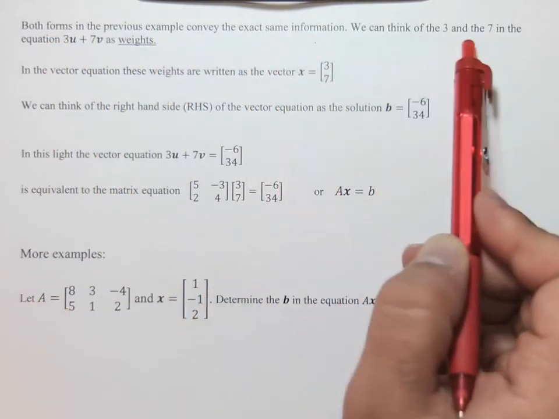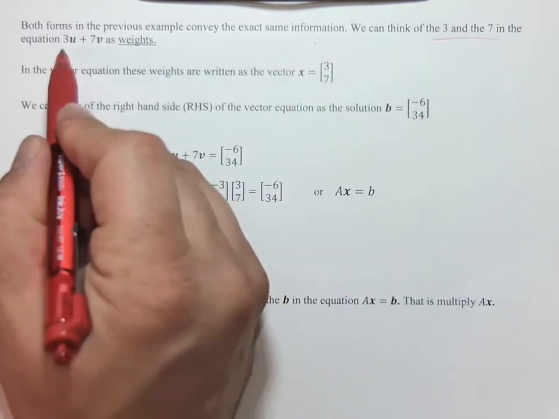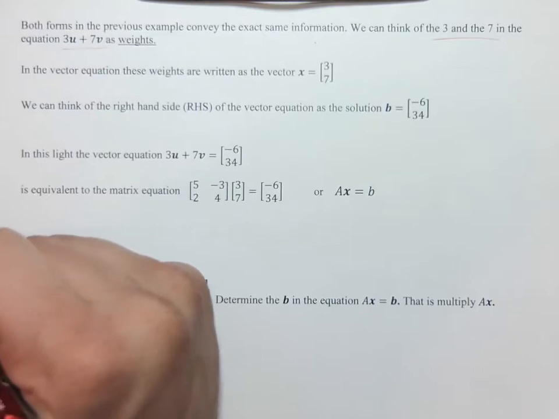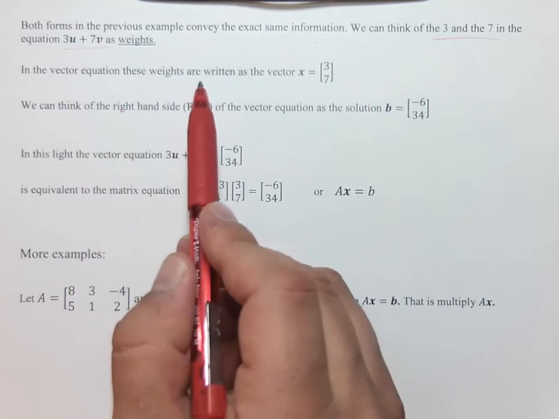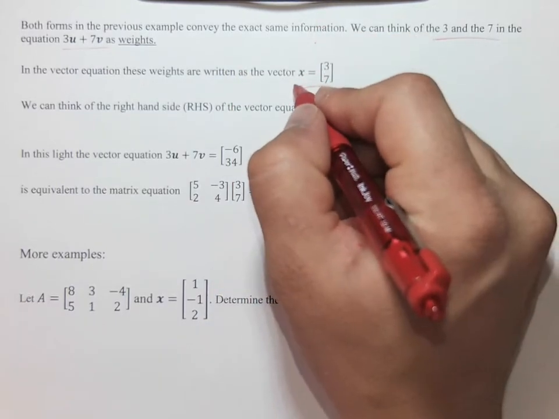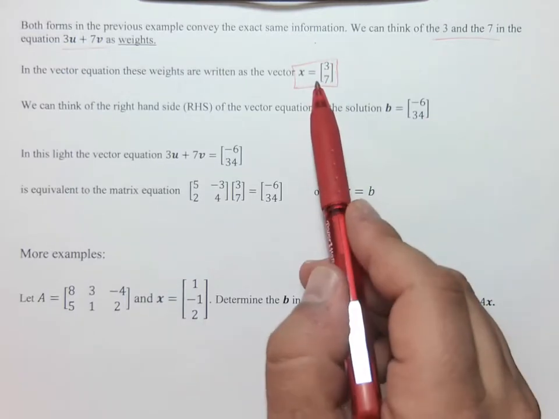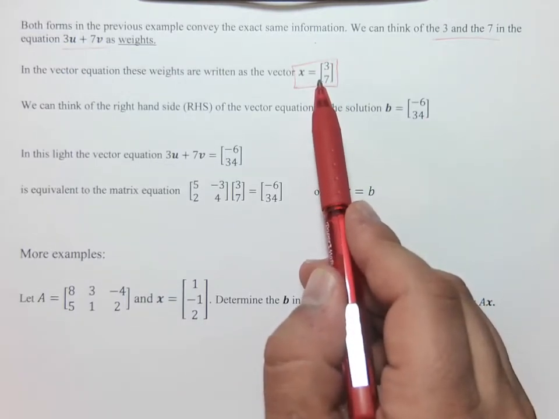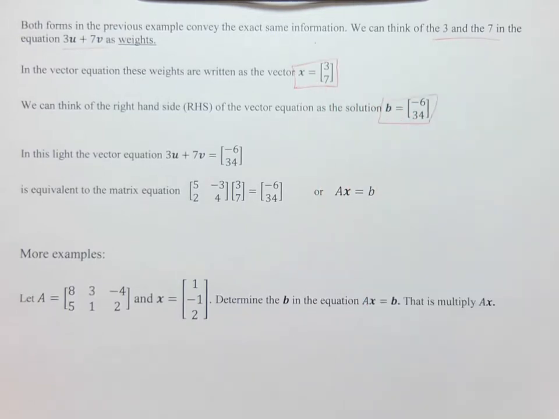You can think of the 3 and the 7 in the equation 3u plus 7v as the weights. And in the matrix equation, the weights are written as the vector 3, 7. So A was the columns u and v, our x was 3, 7, and then the answer became the right-hand side of the equation, and that became our B.